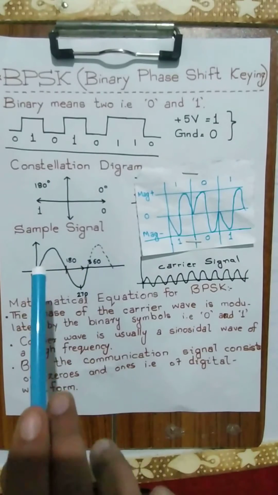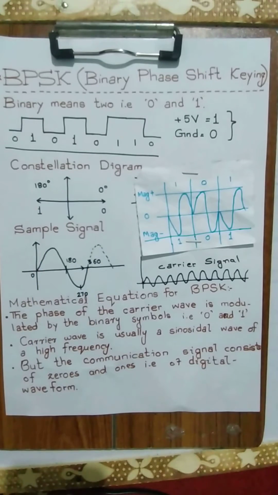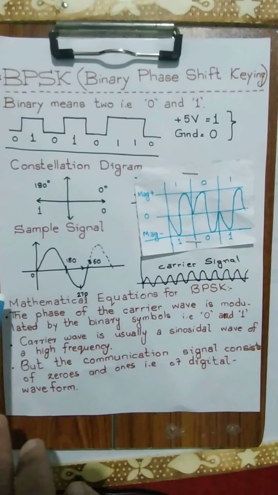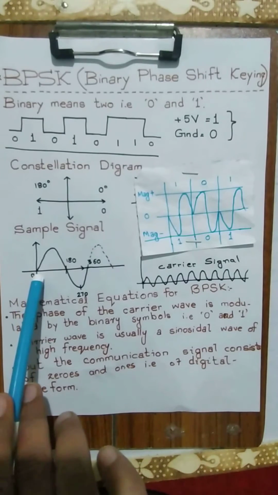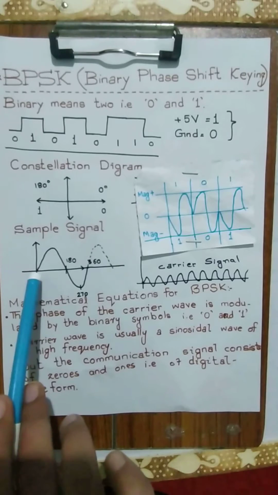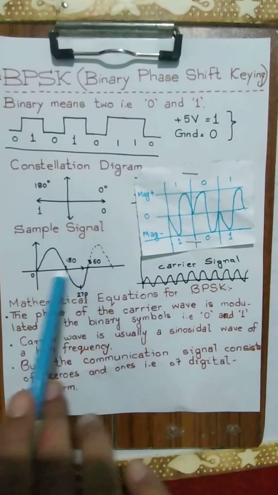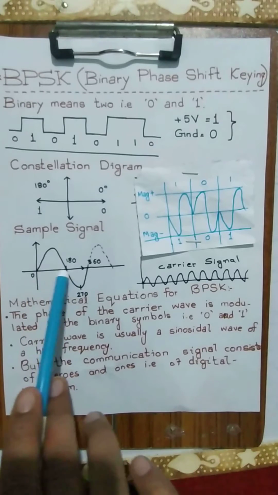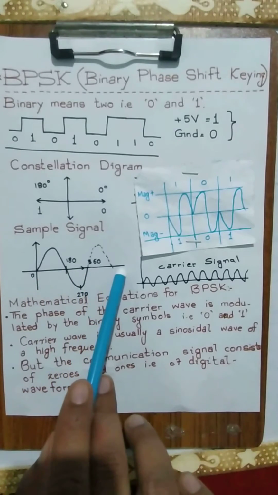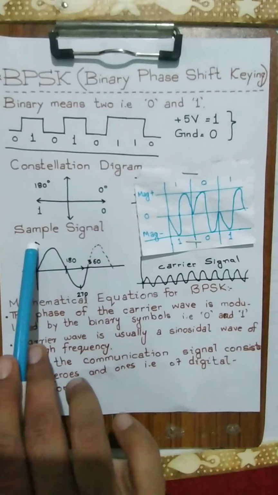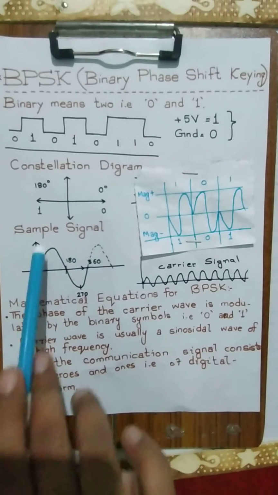So here we have one sample signal. And what is the meaning of this sample signal? It starts from 0, and as time goes on, the x-axis is the time, and the y-axis is showing the amplitude or magnitude.